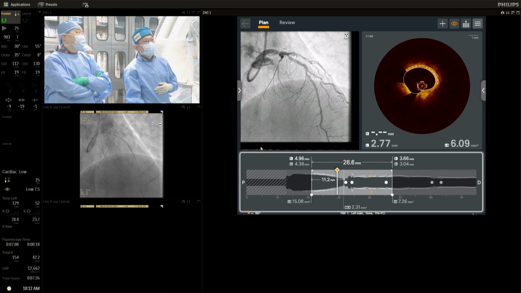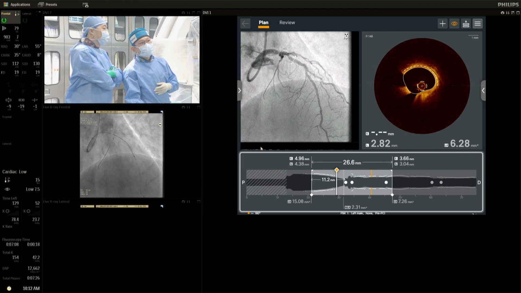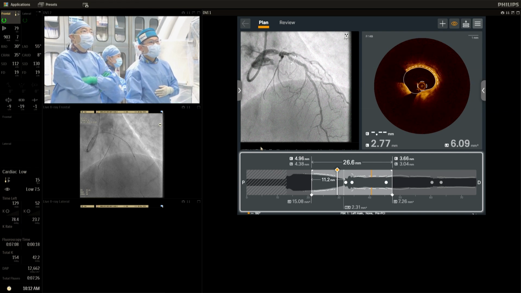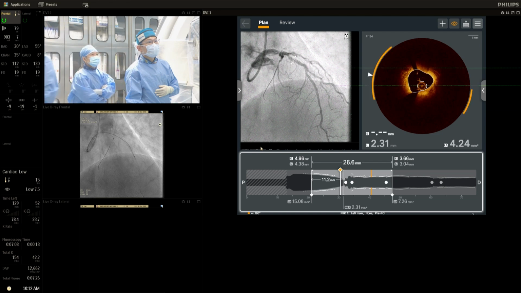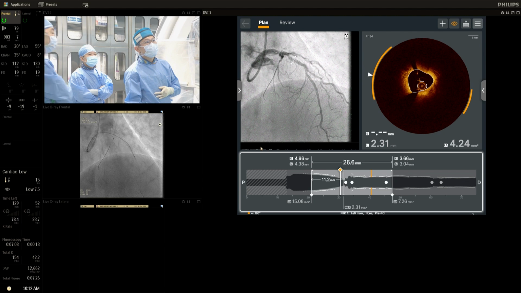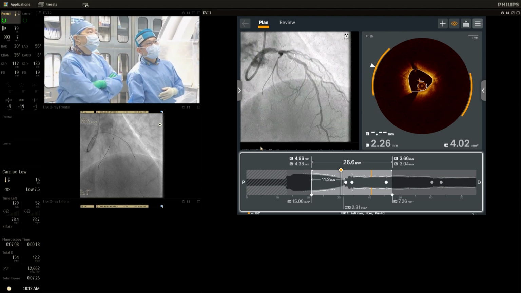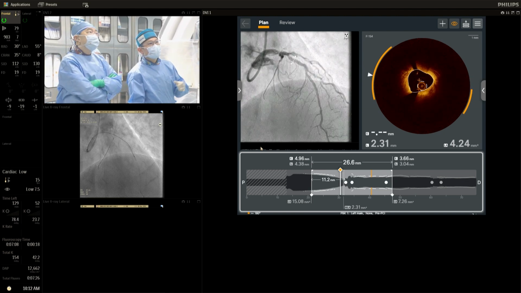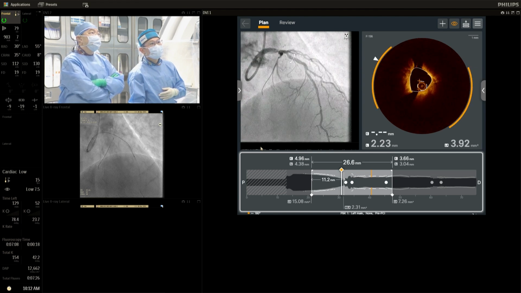Here at the 4 to 6 o'clock region, we start to see maybe a hint of some calcification. And as we go more distal, we start to see a little bit more calcium, like in the 10 o'clock and the 2 o'clock position. But we don't see the very thick calcification image that we are usually concerned about.